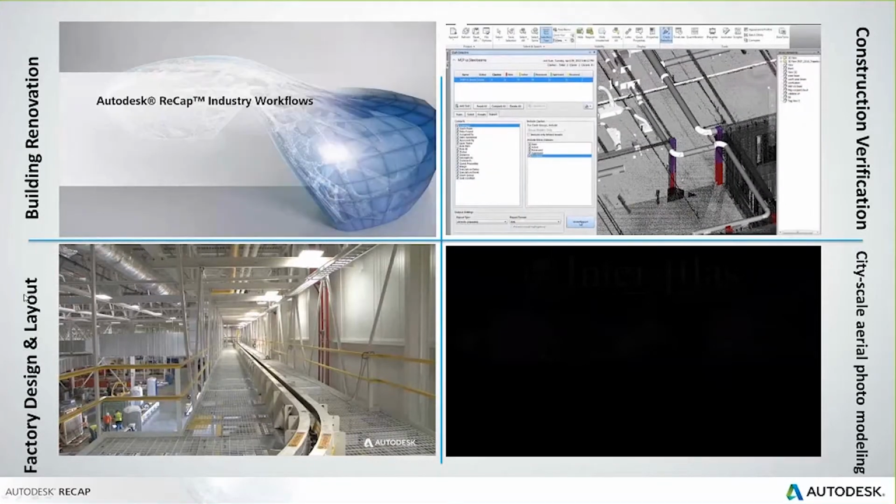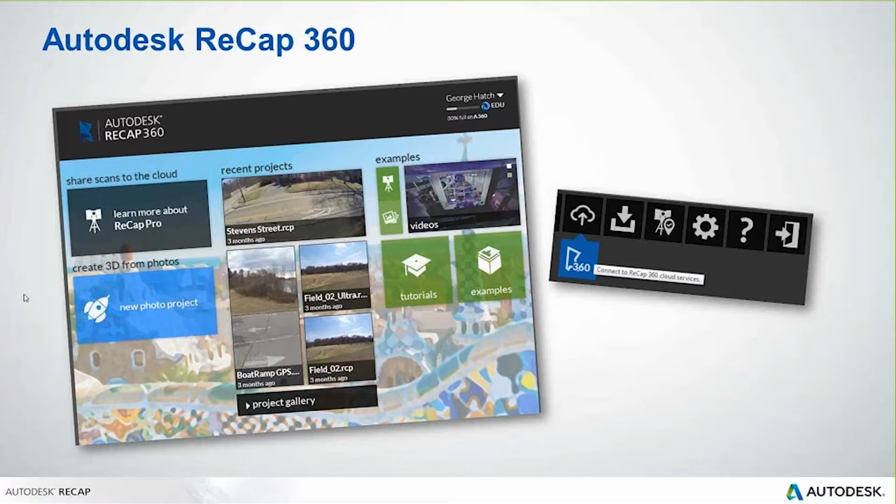But the last thing that I'll talk to you about that's exciting is ReCap 360. Now, ReCap Pro and ReCap 360, of course, are 2 different offerings. ReCap Pro is absolutely recommended for everyone that is doing their own registration and detailed work on clouds.